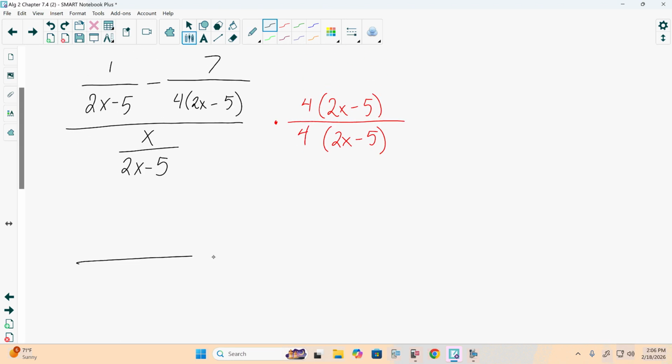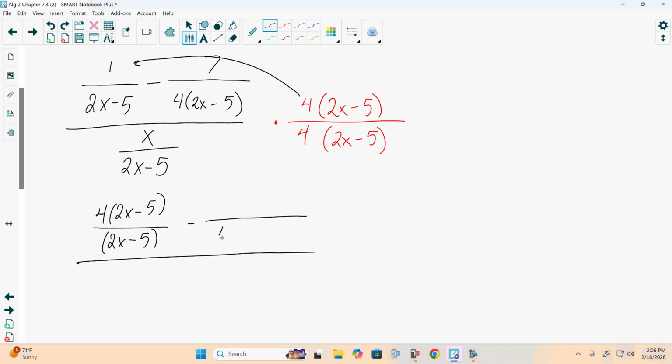So we multiply this on top. 4 times 2x minus 5 times 1. It is 4 times 2x minus 5 over 2x minus 5. Minus our 4 times 2x minus 5 times our 7.